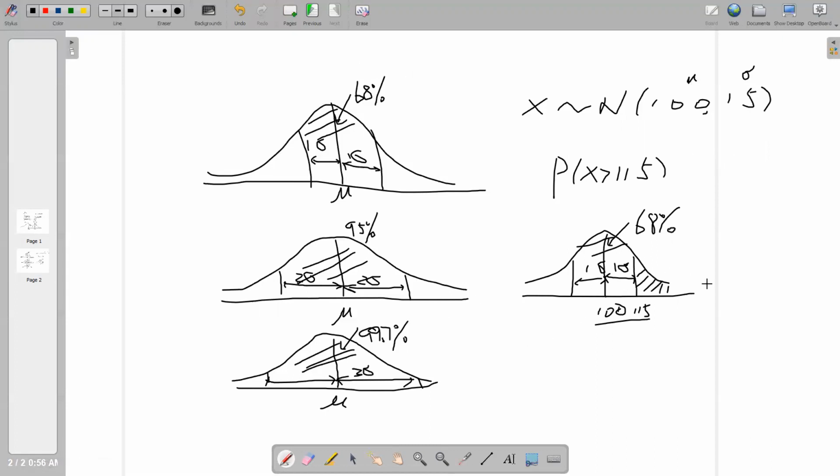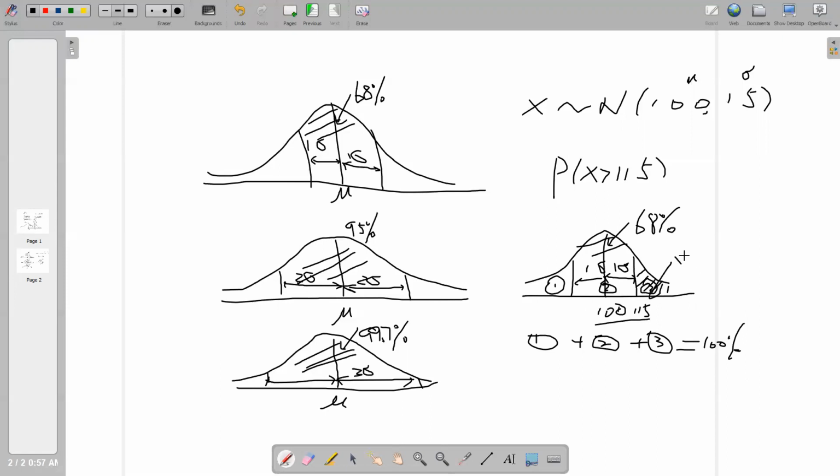Then the total distribution is separated into pieces 1, 2, and 3. They have to add up to 100%. Then piece 3 is what they're looking for.